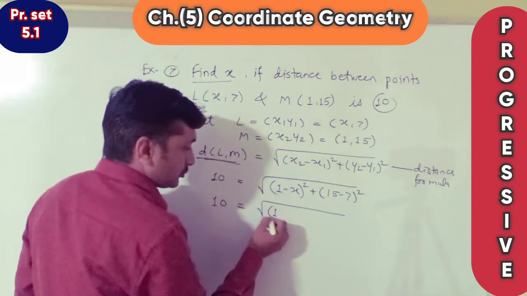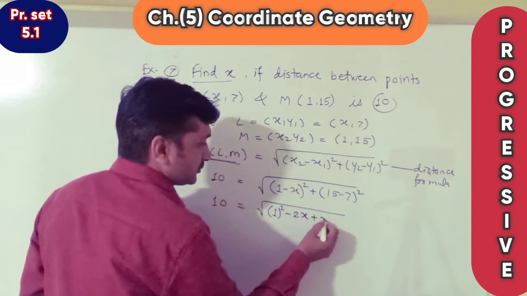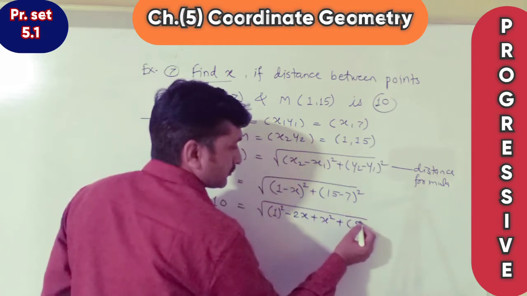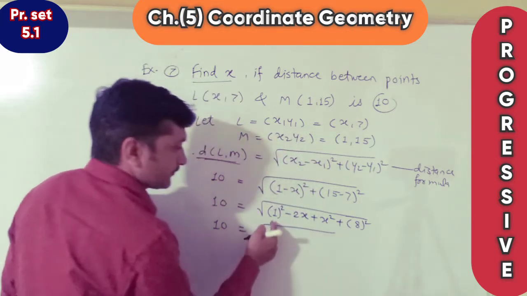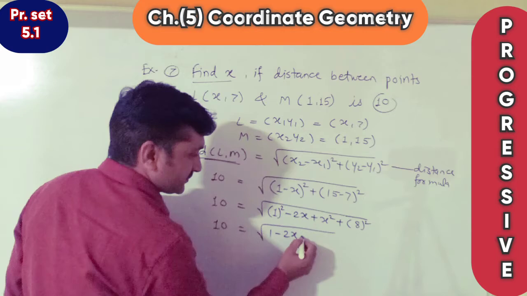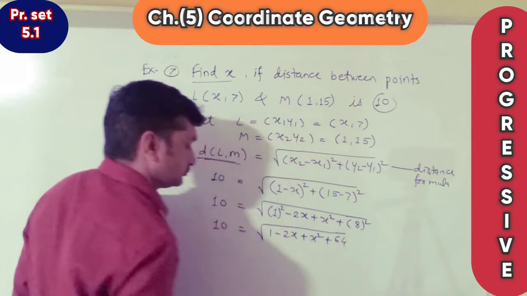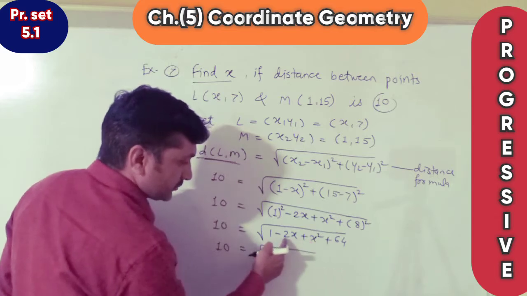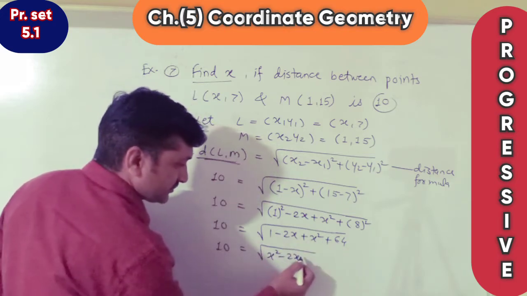First term square, 1 square, minus 2ab, means 2x, plus second term square, x square, plus (15 - 7), which is 8, bracket square. 10 is equal to square root of 1 minus 2x plus x square plus 64. 10 is equal to square root of, now here you see x square minus 2x, 64 plus 1, 65.